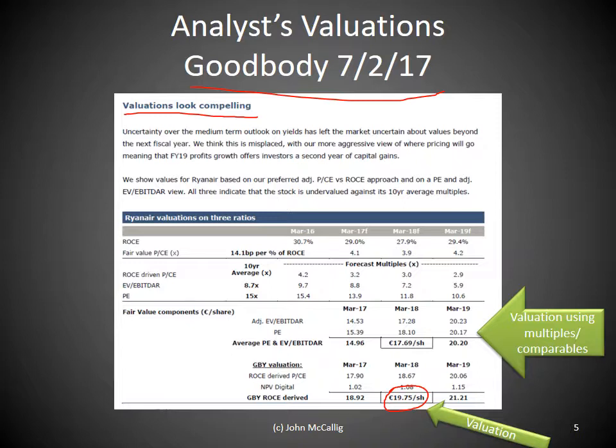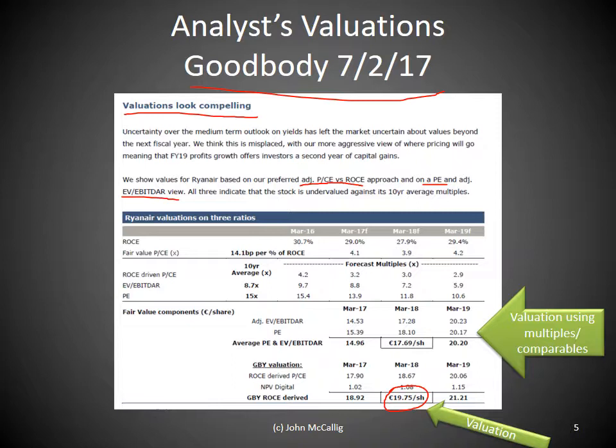And Goodbody use a different approach to JP Morgan here. They value Ryanair on the basis of multiples, and they call it their adjusted price to common equity versus return on common equity approach, and on a PE, an adjusted enterprise value divided by EBITDA view.